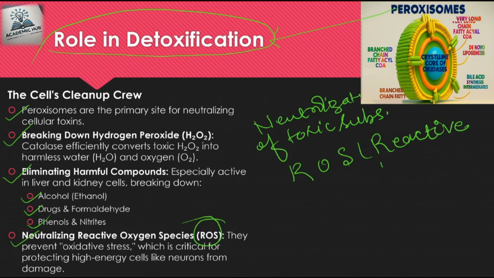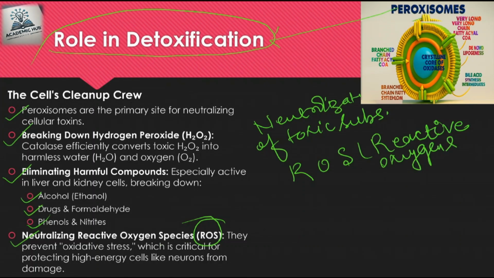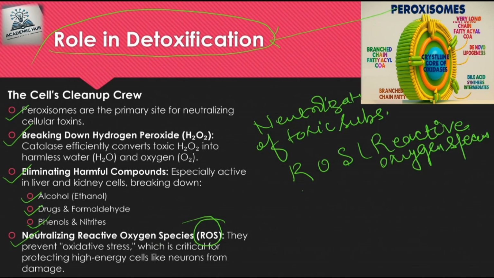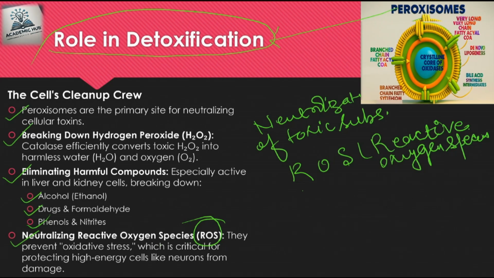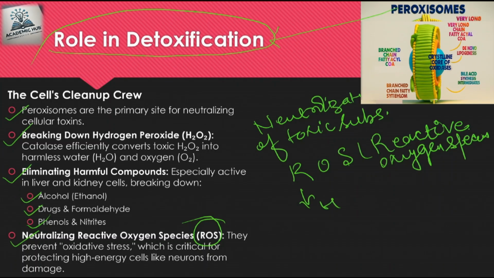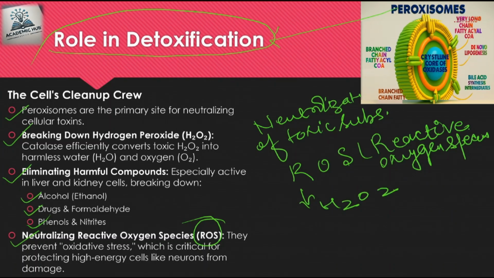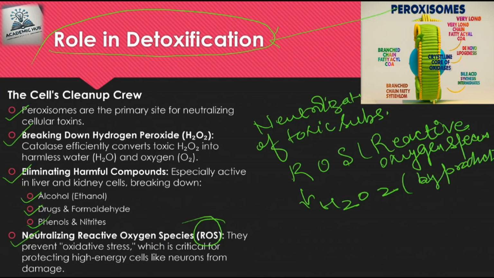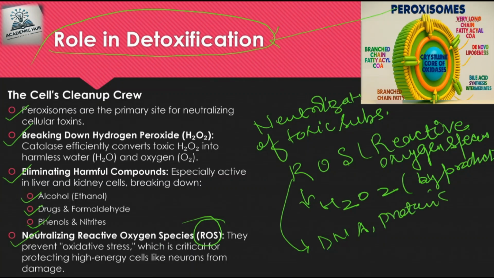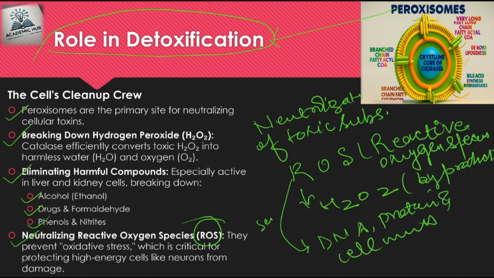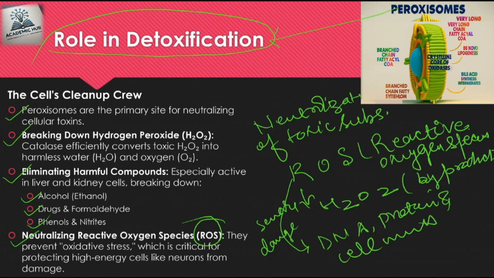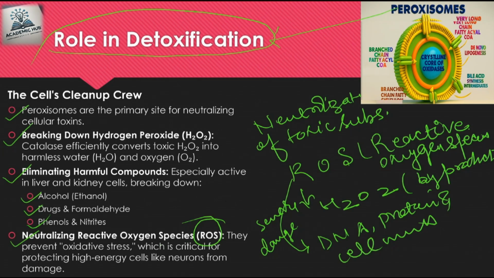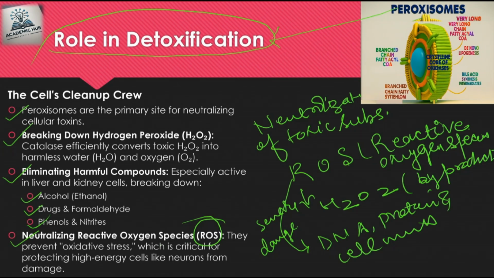During metabolic processes, ROS are formed continuously, such as hydrogen peroxide, H2O2, as a byproduct. ROS can inflict severe damage to DNA, proteins, and cell membranes, thereby accelerating cellular aging and disease progression. So this is about how peroxisomes work in detoxification.